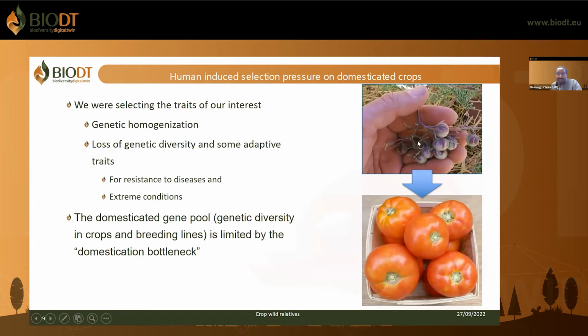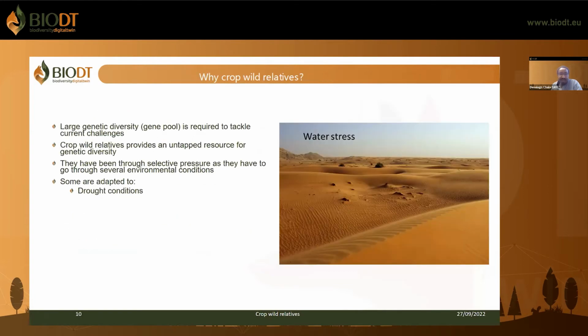And this is the wild tomato, and this is the tomato which we are using. So through selection pressure, we are causing genetic homogenization, and there is also loss of genetic diversity and some adaptive traits, which are important for resistance to diseases, for extreme conditions, and so on. So domestication has resulted in a genetic bottleneck in domesticated plants.